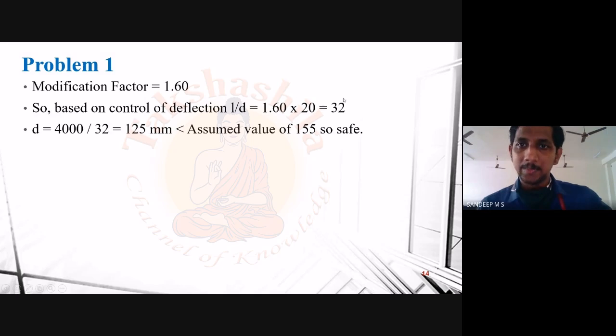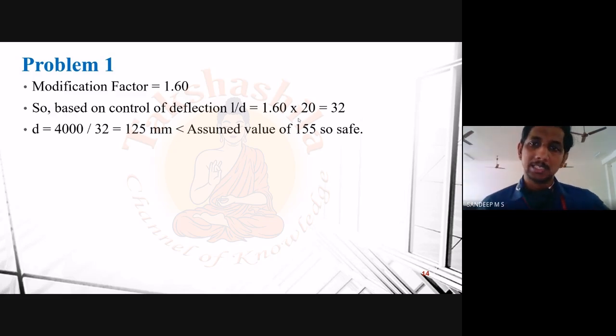Please note here, even though they have confused you in the initial stage by mentioning that they have taken the L/D ratio as 30 and then multiplied that by 0.8, when they reach this part, they are actually referring to the clause corresponding to slabs having span more than 3.5 meter.